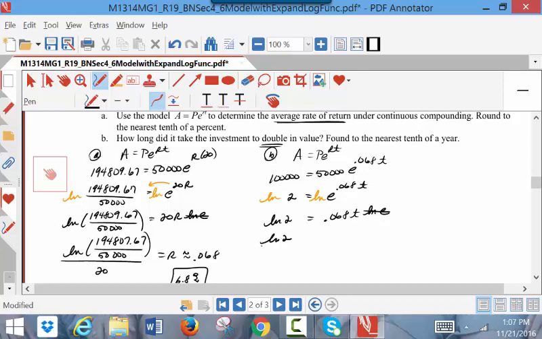So the number of years to double is the natural log of 2 over 0.068, which I come up to be 10.19 years. So about 10 years to double at that rate of return. Okay, really good numbers, really good applications. Important stuff when it comes to retiring.